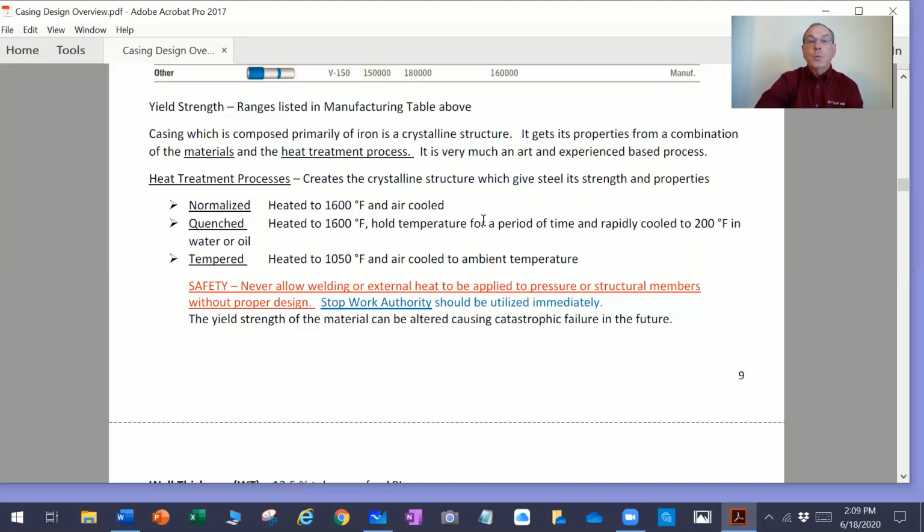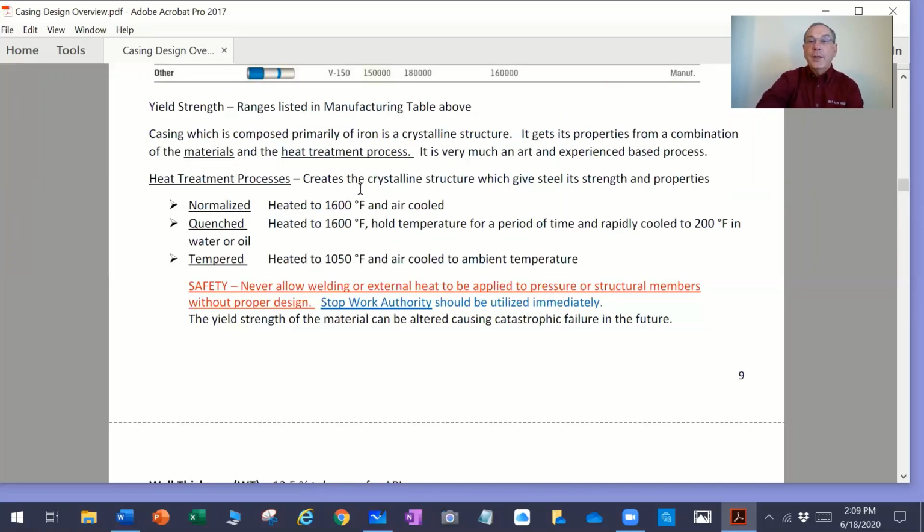And then it's also tempered. Tempered means it's heated to 1050 degrees Fahrenheit and air cooled to ambient temperature. So getting this crystalline structure, which gives you the properties of your yield strength, is based on this heat treatment process, an experience-based process.